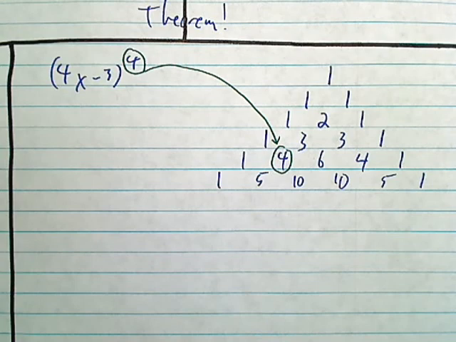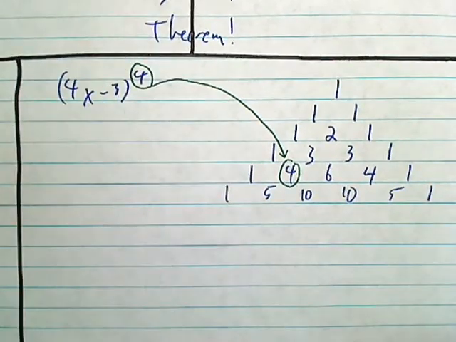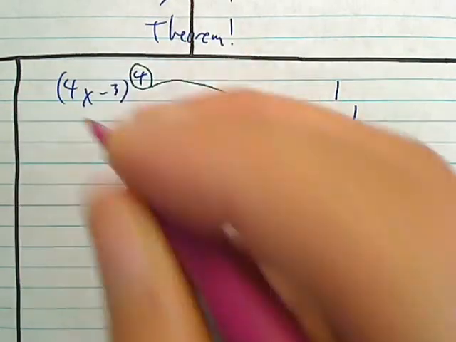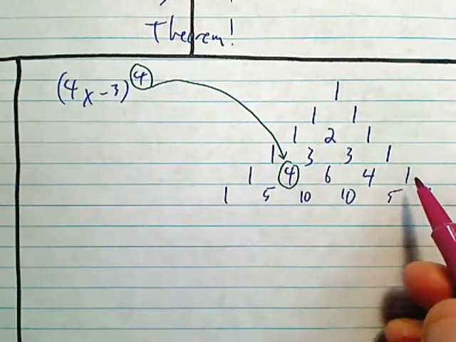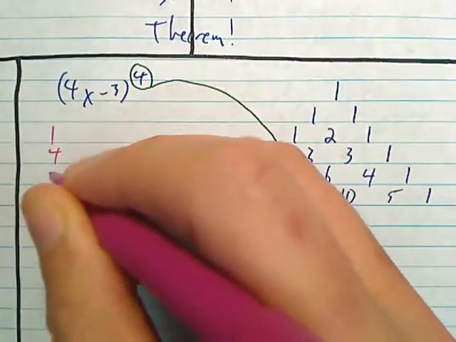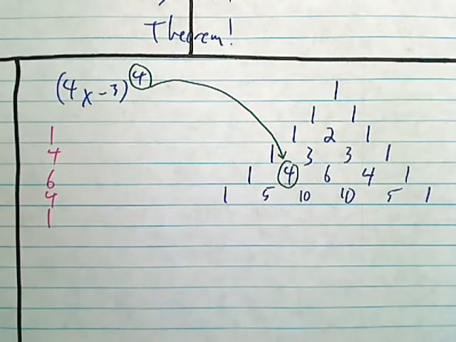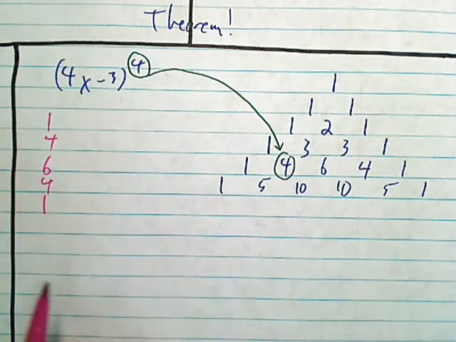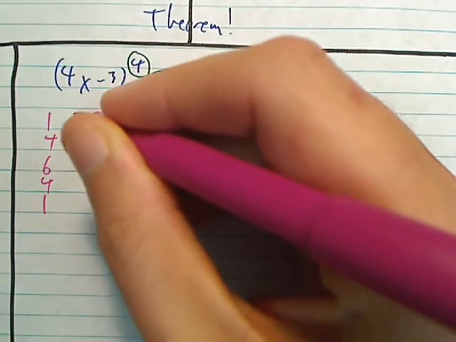Let me try my red here. Is this a pinkish color? I don't know. Let's see. Oh, pink. Oh, well. So 1, 4, 6, 4, 1. We're going to write all of these numbers out here, but vertically. And most people will write it out just across, but I think it's a little easier to see where to put stuff if you do this vertically. Let's use parentheses.